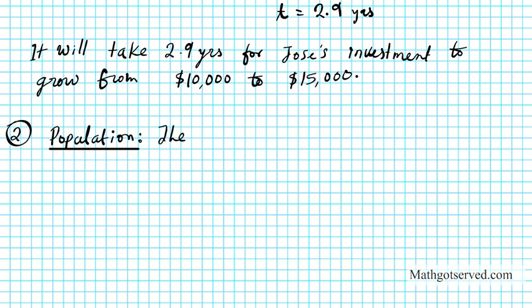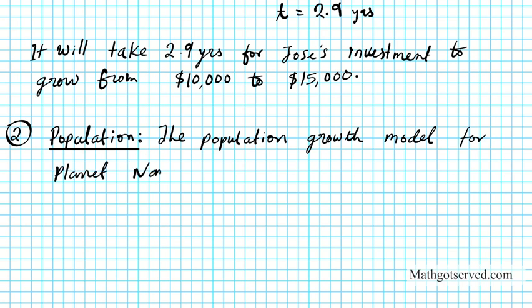It says the population growth model for planet Namek is P equals 50e to the 0.012t, where t is the time in years.